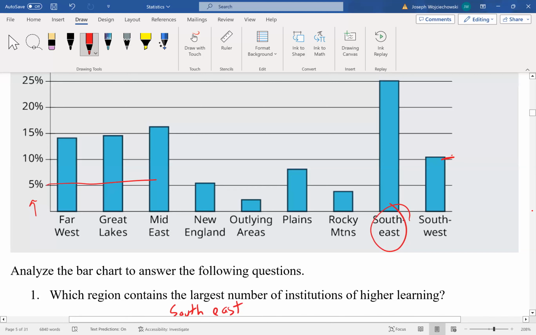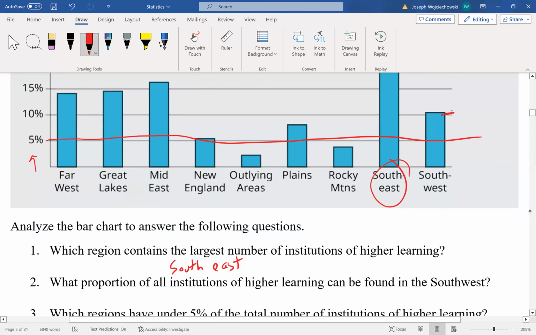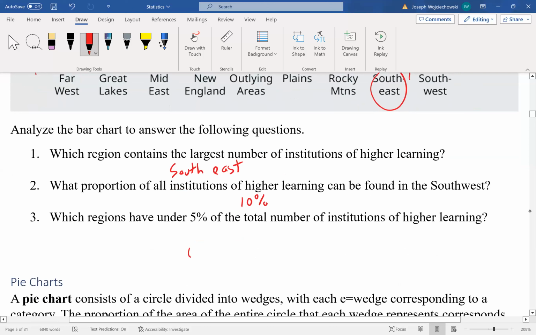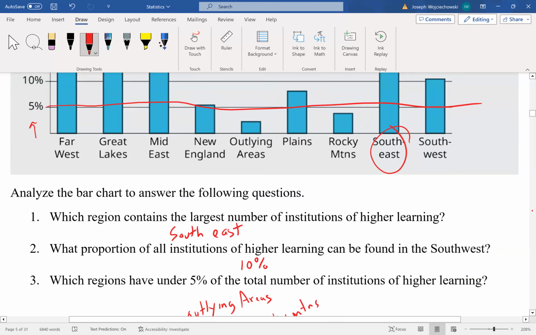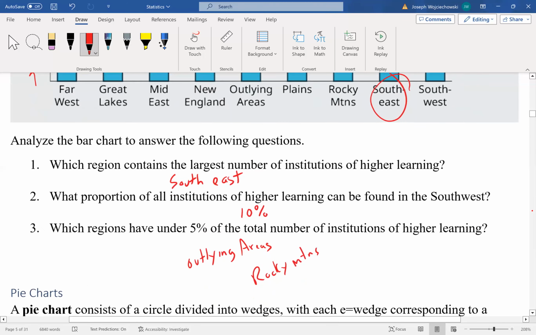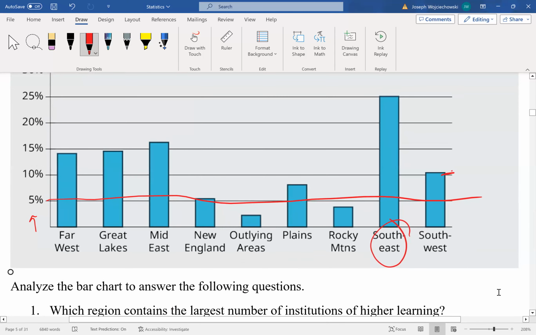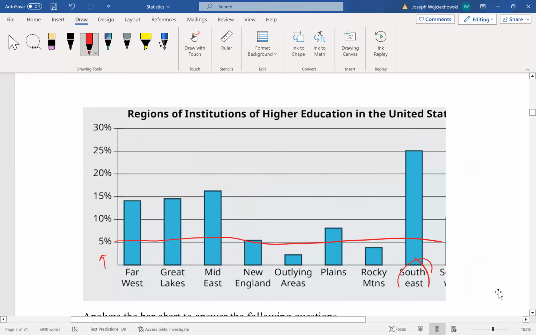Well, here's our 5% line. I have outlying areas and Rocky Mountains, which makes sense. I can't imagine many universities in outlying areas or in the middle of the Rocky Mountains. So that's how we can use our bar chart to get information.